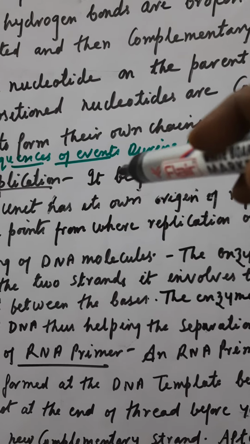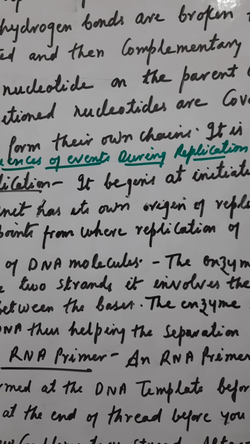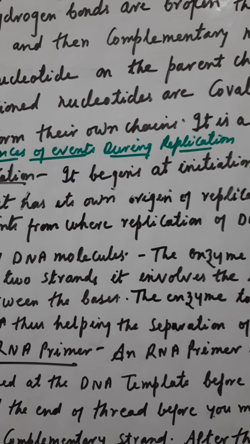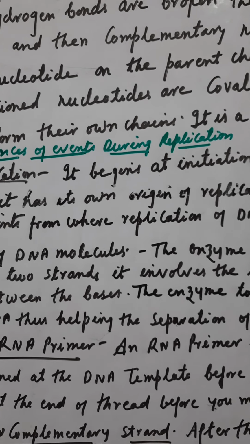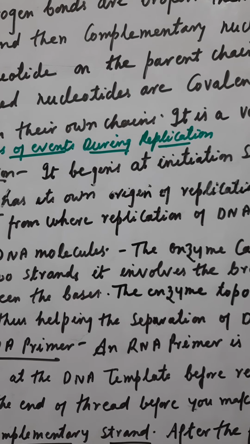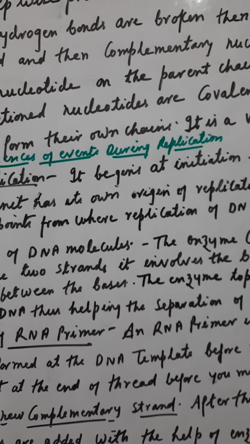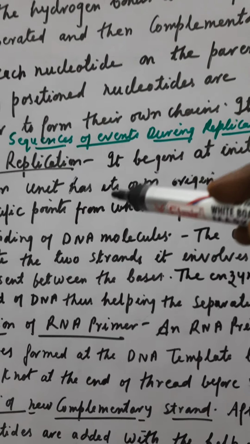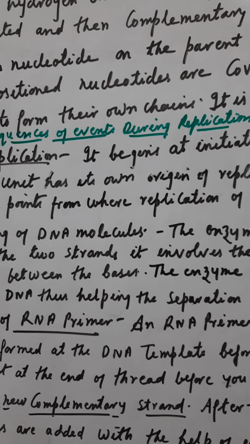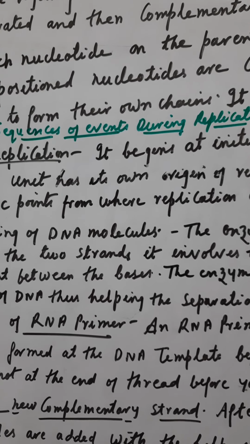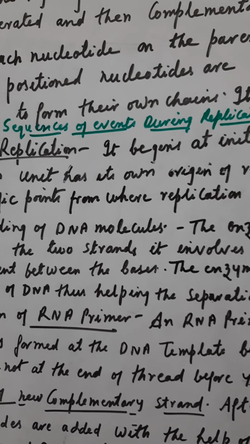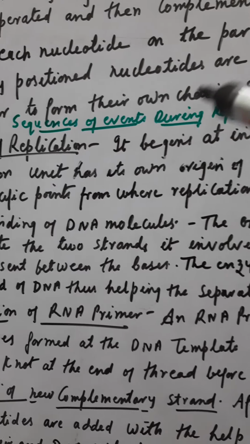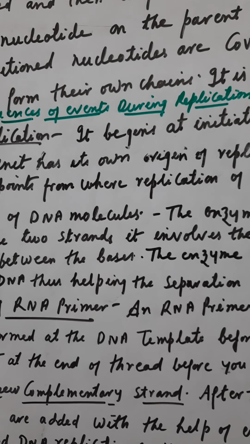This is the gist of the mechanism of replication. First hydrogen bonds are broken, then unbonded chains are separated, and then complementary nucleotides are paired, adenine with thymine and cytosine with guanine, with each nucleotide on the parent chain. And as a result, newly positioned nucleotides are covalently bonded together to form their own chain. This is a very rapid process.